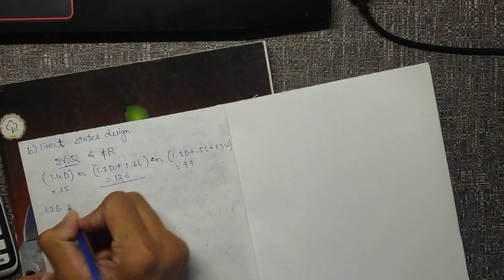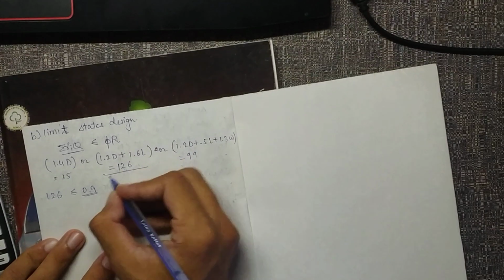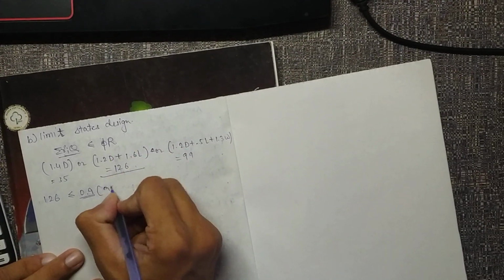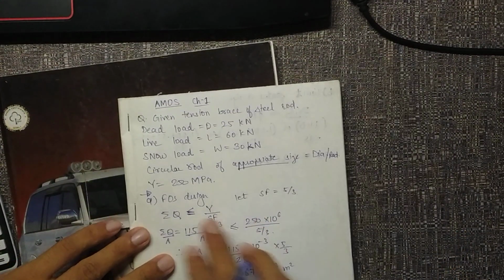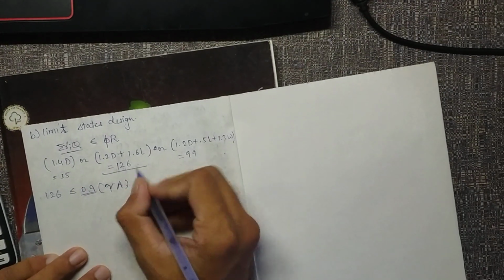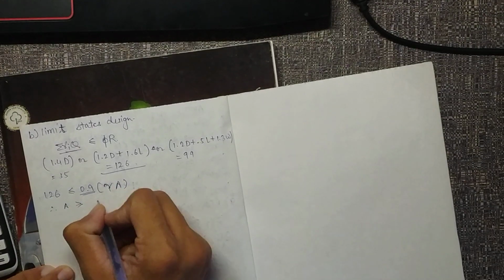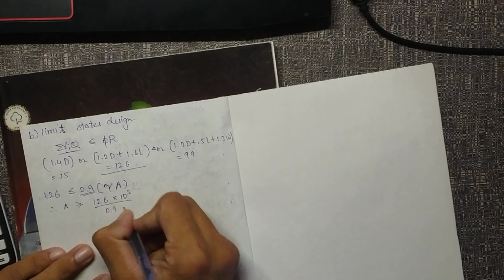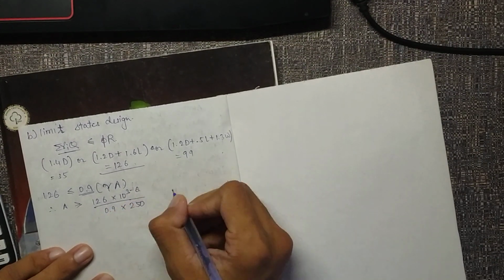I'll take 126 should be less than or equal to 0.9. This again is a constant as per ASME, and this resistance will be Y into area. This should be same, right? Y into A is equal to Q. So therefore area is greater than or equal to 126 into 10 raised to 3 divided by 0.9 into 250 into 10 raised to minus 6.